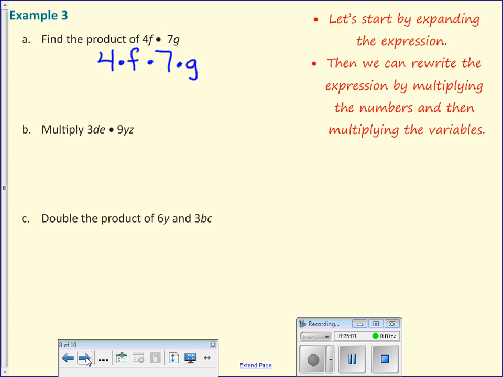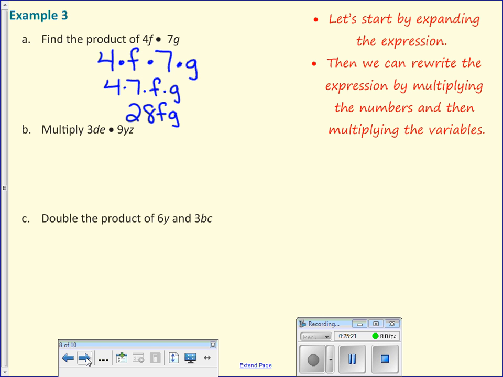Now, kind of indicating what your question was about rearranging them, I could do 4 times 7 times f times g. What's 4 times 7? 28. So this would be 28fg. Variables are in alphabetical order.